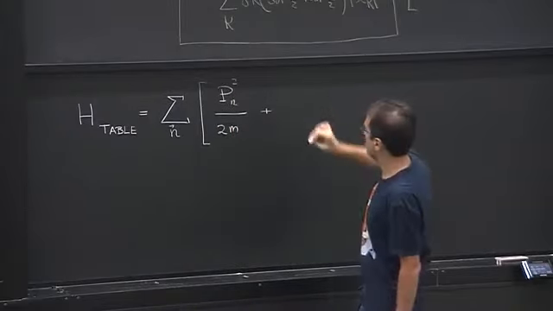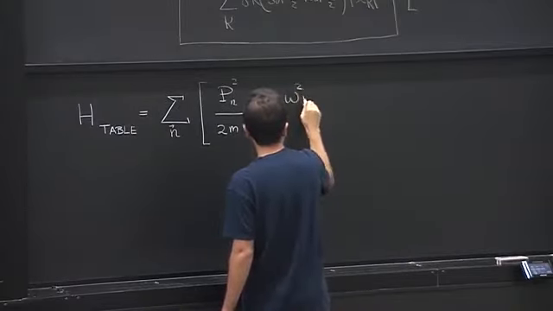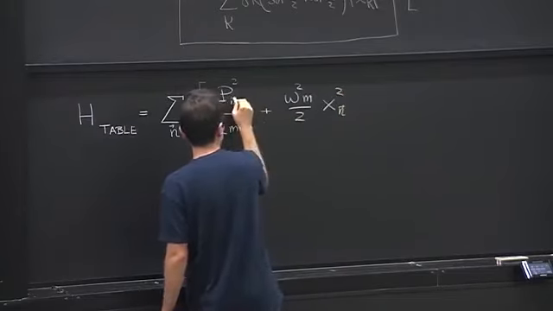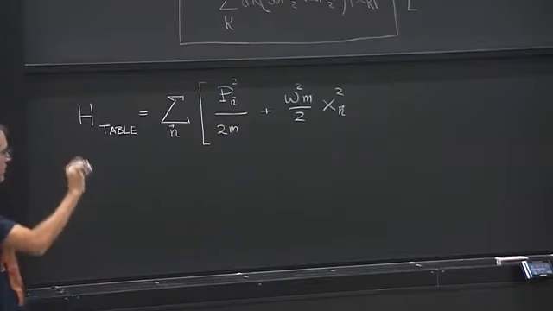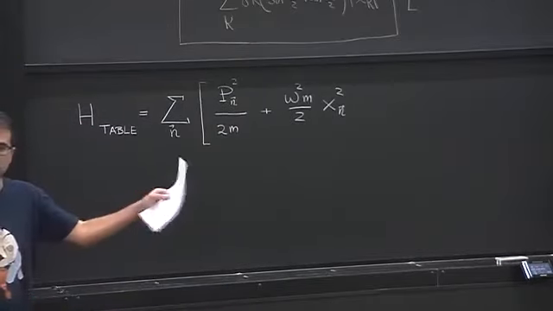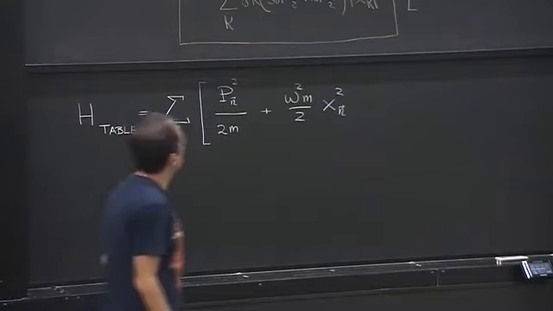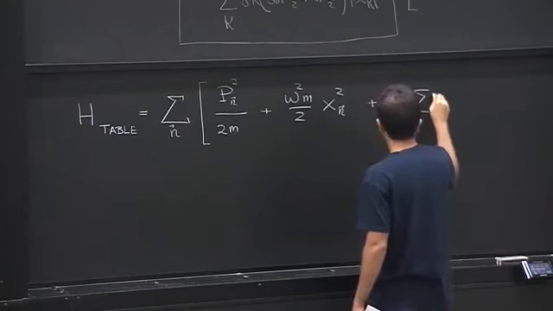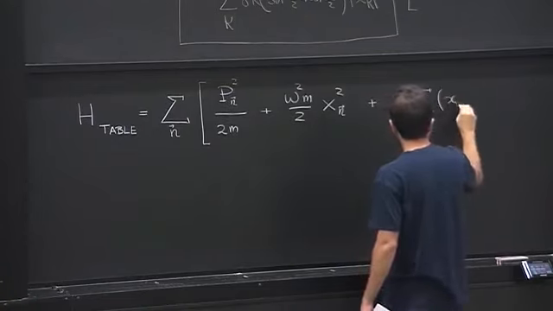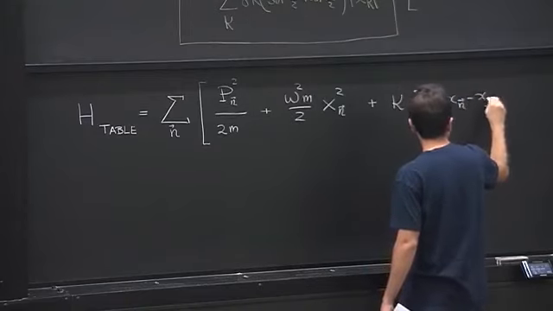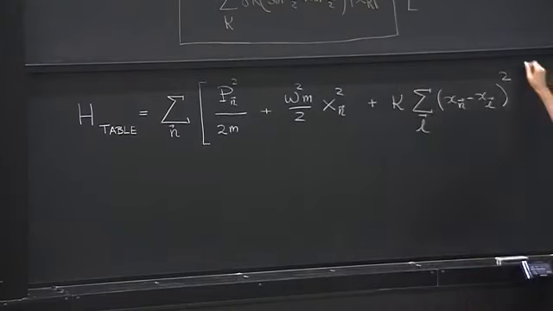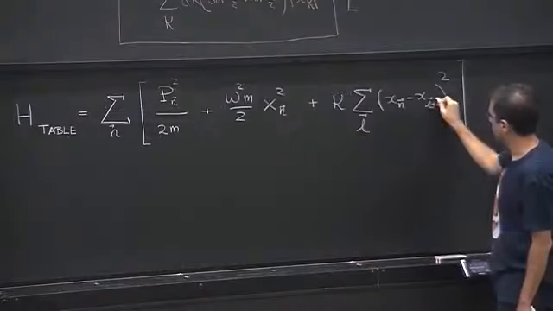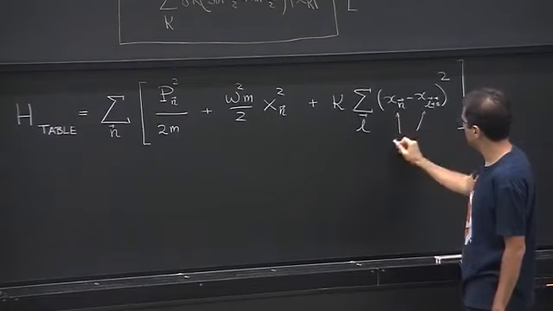By itself, there could be some restoring potential that for each n would want to make the particle oscillate. So this would be like saying that it's a bunch of independent harmonic oscillators. And then there could be some kappa times the sum over the neighbors of (x_n minus x_{n+L}) square. So these guys are coupled.